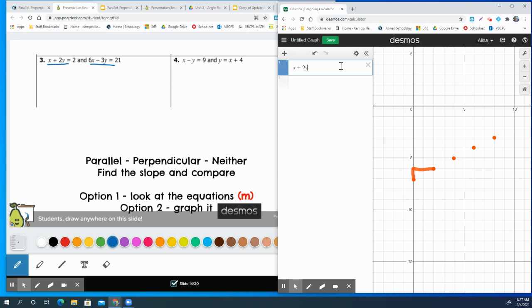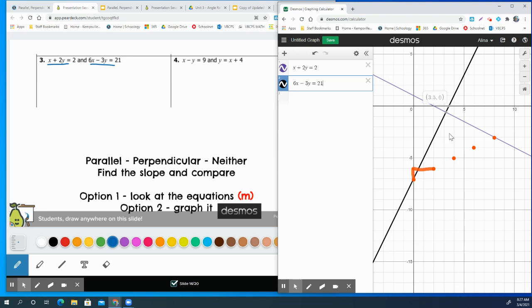x plus 2y equals 2. It's my purple line. And then 6x minus 3y equals 21. Are these lines parallel, perpendicular, or neither? Perpendicular.